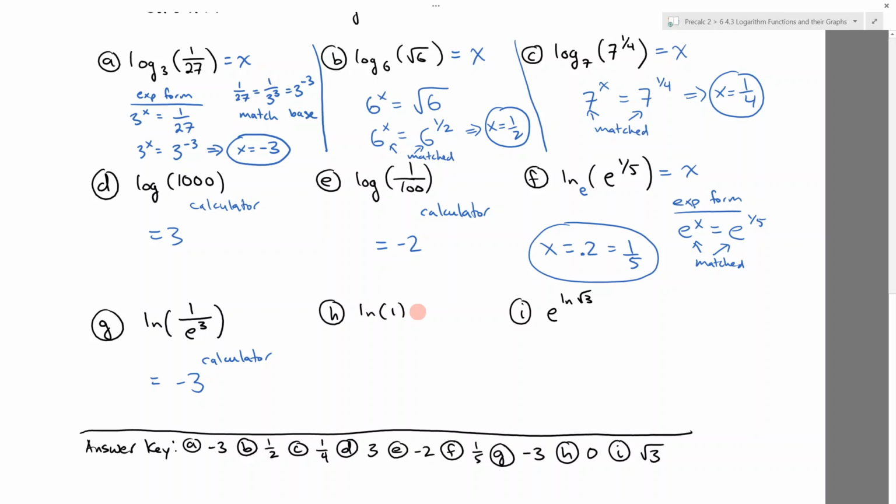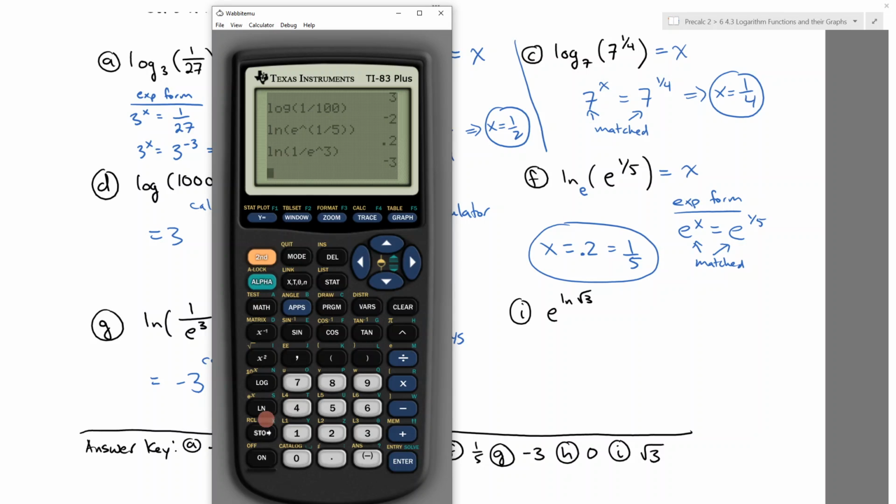Because log of 1 is always equal to 0. But if you don't remember the rule, again, you can just put into the calculator: natural log of 1 is equal to 0.